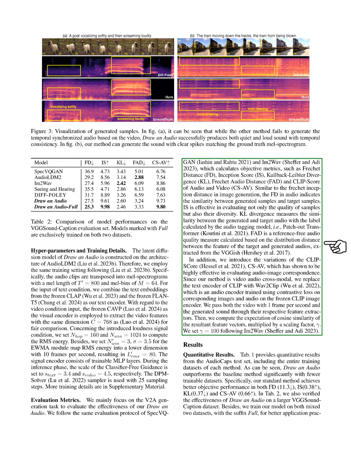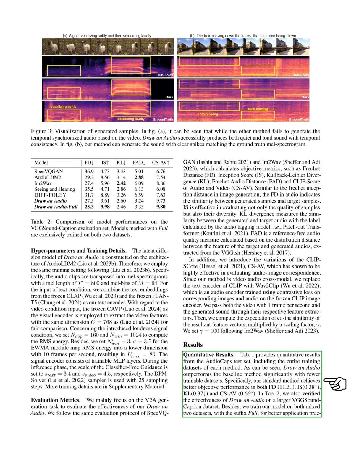Section: Quantitative Results. In this section, we present the quantitative results from the AudioCaps test set, which includes the complete training datasets for each method. Our method, Draw an Audio, significantly outperforms the baseline method while using fewer training datasets.